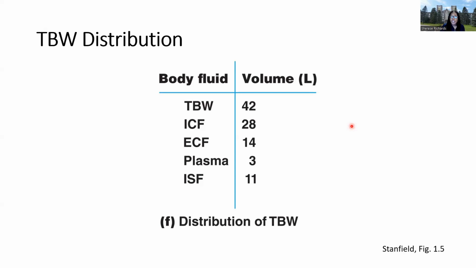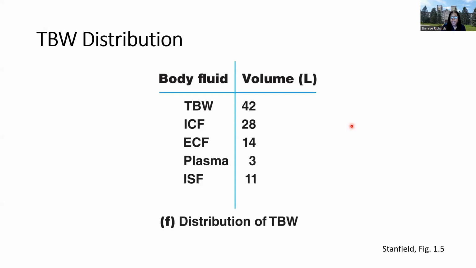Okay, so notice that ICF is a larger chunk of our total body water, in that most of the water in our body is actually sitting in our cells, right? So that's a really important connection to make. The other trend that we see is the ECF. So ECF is about 14 liters, and then within that, 3 liters is in the plasma and 11 liters is in the interstitial fluid.